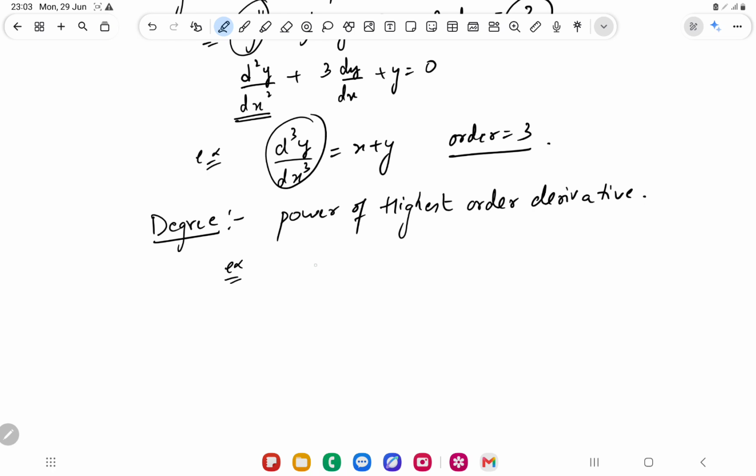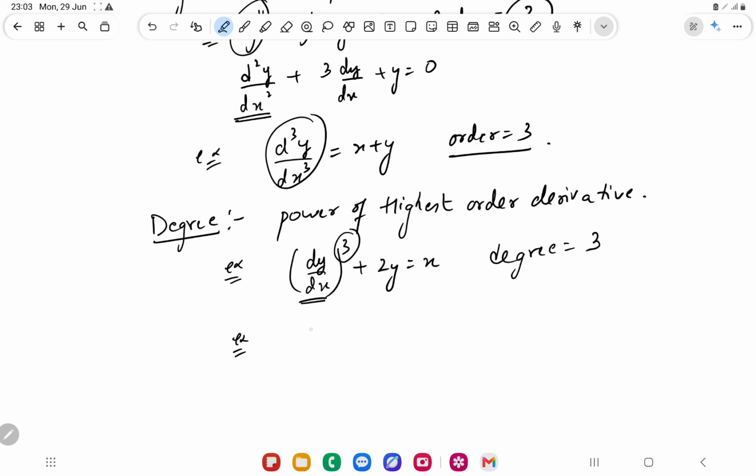Now if I take an example, let's say I am writing (dy by dx) whole cube plus 2y is equals to x. Now I have dy by dx in the equation, it means it is a differential equation and the maximum power is 3. So my degree will be 3.